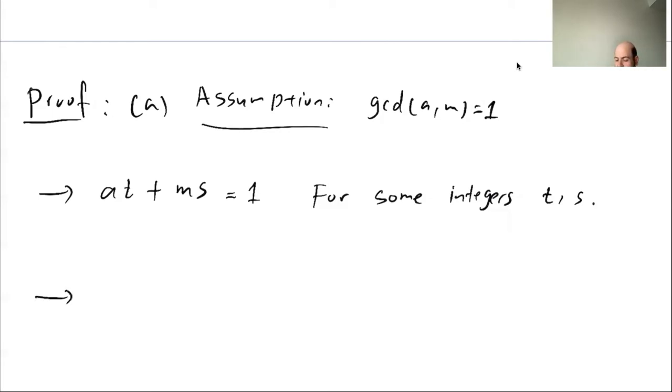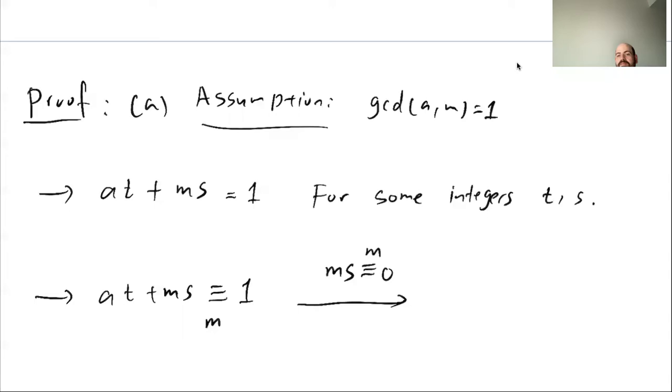So that means AT plus MS is congruent to 1 mod M. But how much is MS mod M? MS is 0 mod M. If a number is a multiple of M, that number is 0 mod M, right?